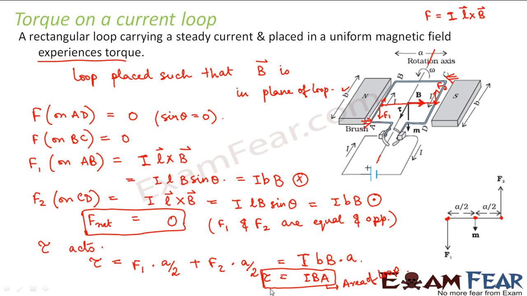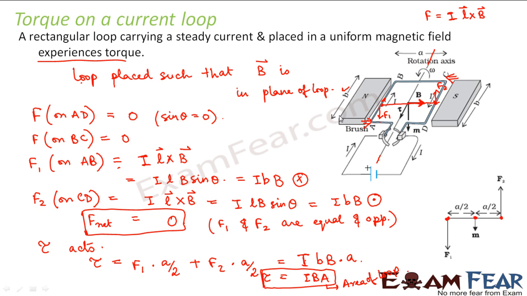Now we will look at the same scenario, but what did we assume here? Here we had assumed that the magnetic field is in the plane of the loop. That's what we had assumed at the very beginning. But in the next scenario, we will assume that initially the loop is placed in such a way that it makes some angle theta with the direction of the magnetic field.